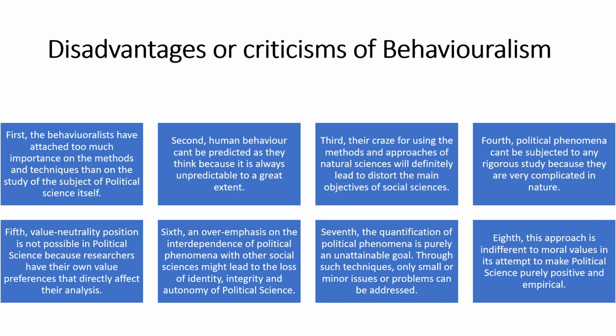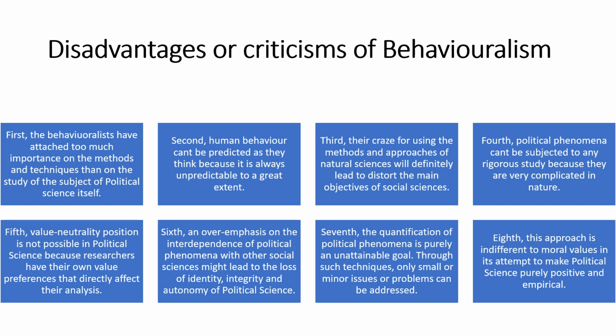Number 3, their craze for using the methods and approaches of natural sciences in political science will definitely lead to distortion of the main objectives of the subject and even in social sciences. Number 4, political phenomena cannot be subjected to any rigorous study because they are very complicated in nature.